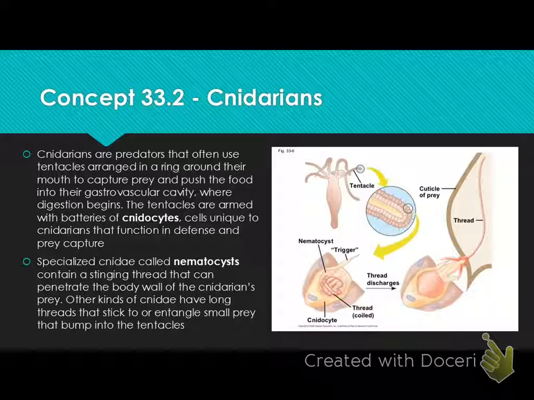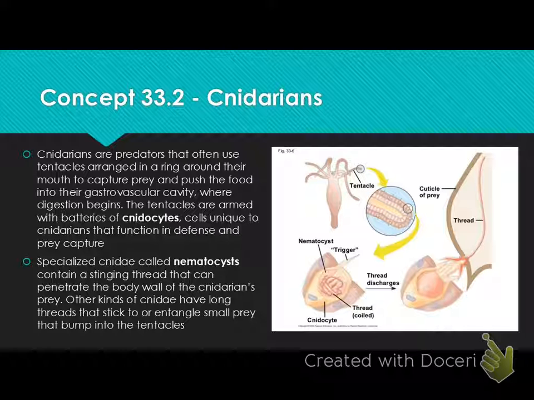They are predators that often use tentacles arranged in a ring around their mouths to capture prey and push the food into their gastrovascular cavity, where their digestion begins. The tentacles are armed with batteries of cnidocytes. These cells are unique to this group and function in defense and prey capture.